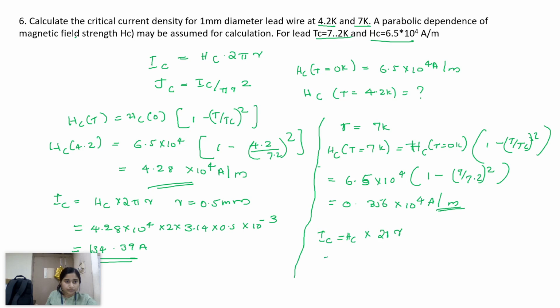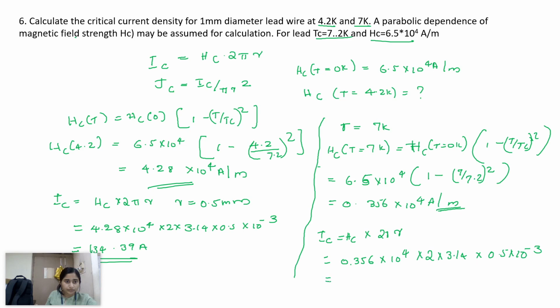So you will get the answer: 0.356 times 10 to the power 4 times 2 times 3.14 times r, which is 0.5 times 10 to the power minus 3.